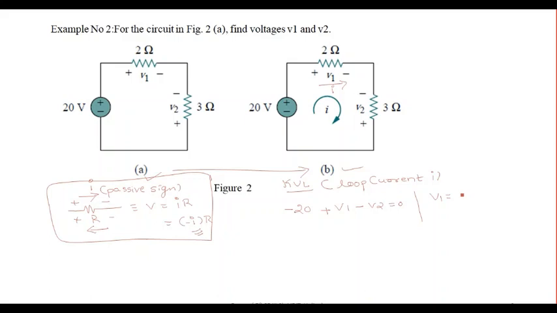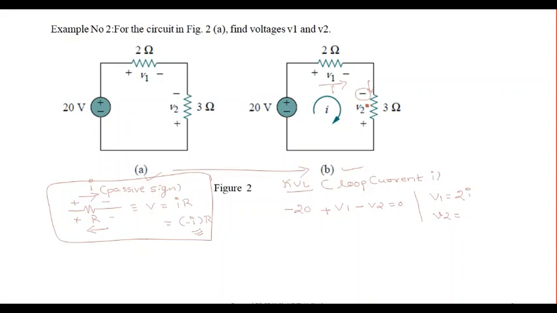So V1 I can write as 2 times I, and similarly V2, what will it be? The same current will flow, but it is approaching the negative terminal.